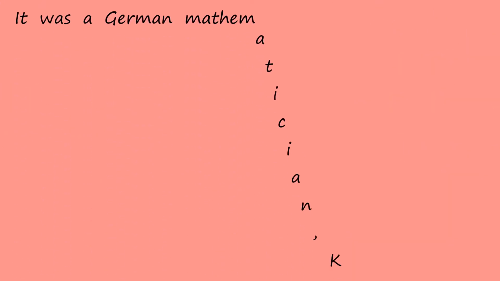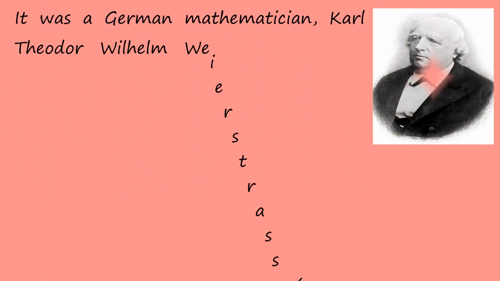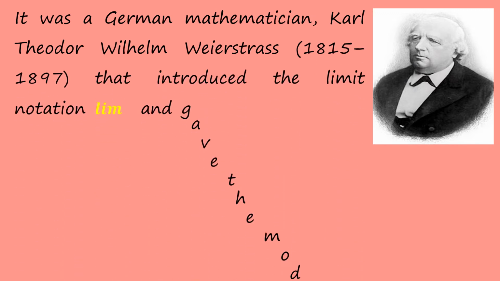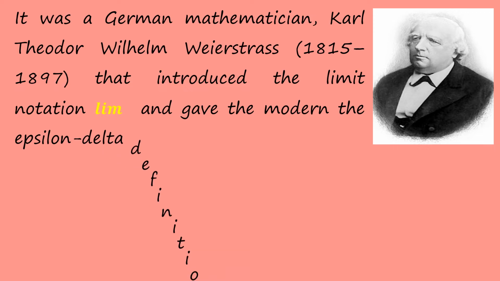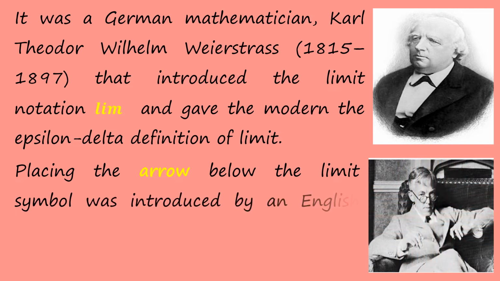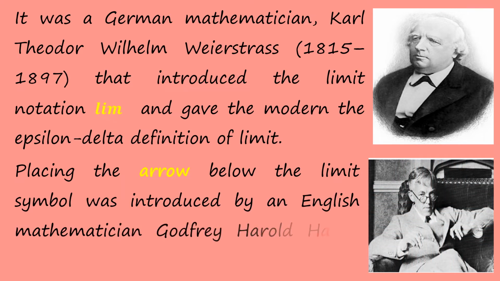Now, it was a German mathematician, Karl Theodor Weierstrass, who introduced the limit notation and gave the modern epsilon-delta definition of limit. Placing the arrow below the limit symbol was introduced by an English mathematician, Harold Hardy.